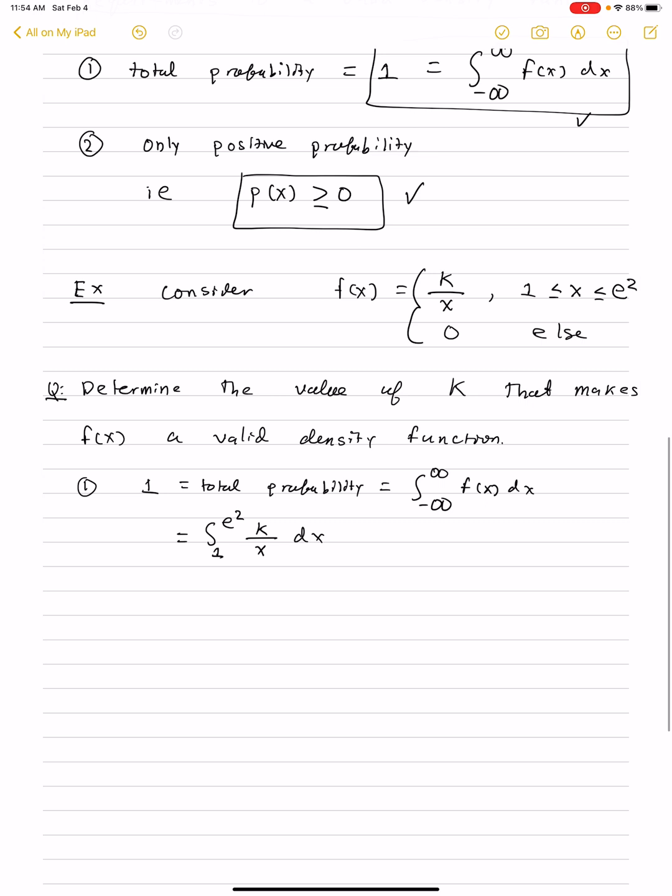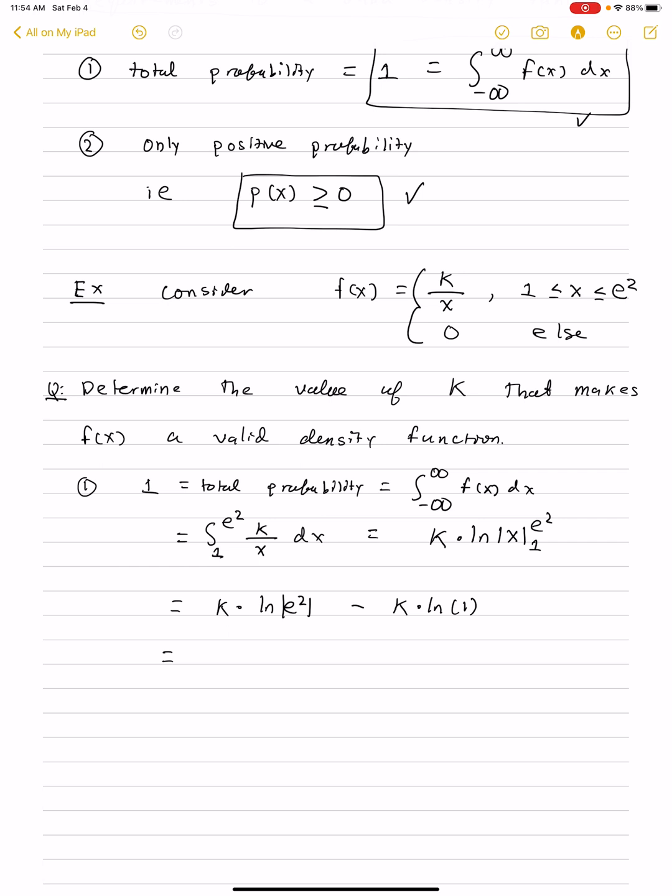I remember the antiderivative of this is k times the natural logarithm of x, from 1 to e squared. So this is going to be k times ln of e squared minus k times the ln of 1.